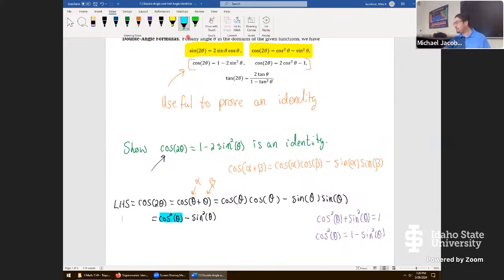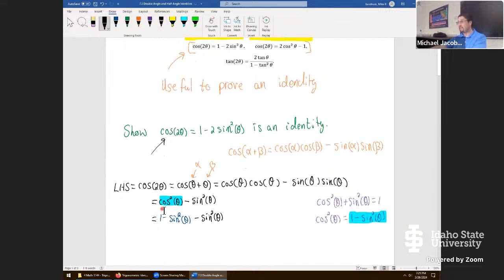This right here, cosine squared theta, is going to turn into this, 1 minus the sine squared theta. And so we now have 1 minus sine squared theta minus sine squared theta. So that was our substitution step, eliminating that cosine squared.